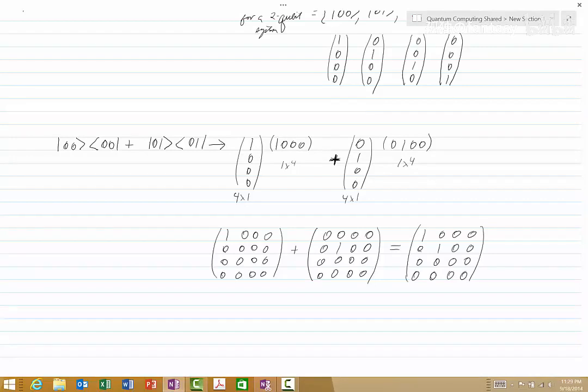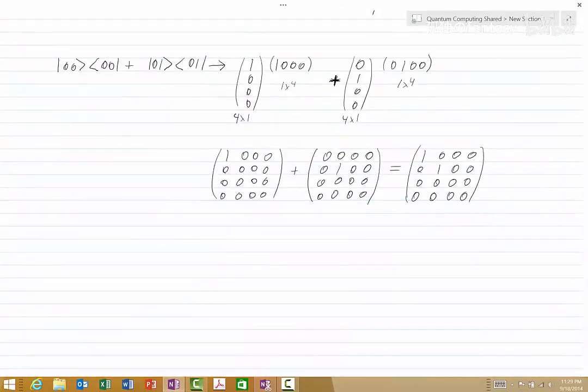So that's the way that we would do a problem for an operator on a 2-qubit system. So let's perhaps do one more, and then we'll move to something else.